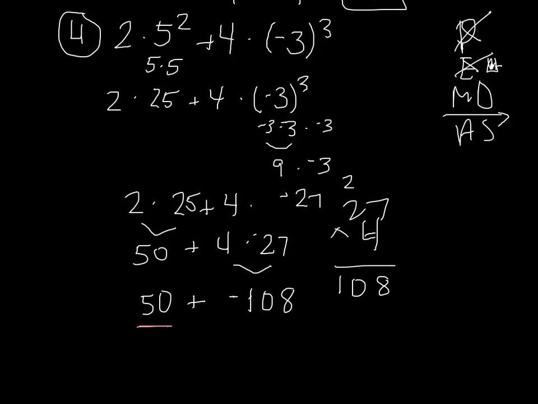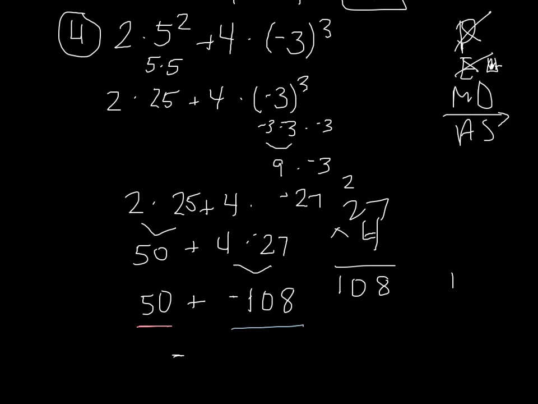That means I have a $50 bill in my hand. But the problem is that I owe, who do I owe? I owe Mrs. Druicke $108. Do I have enough money to pay her? I don't, so I know my answer is going to be a negative number. If I have $50, I can at least give her 50, right?